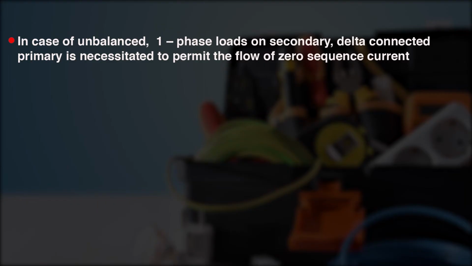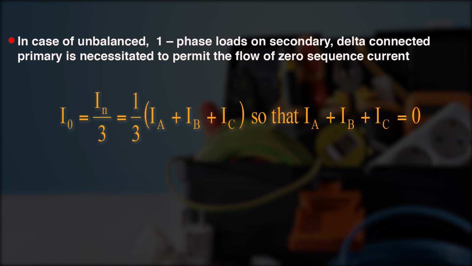A delta connected primary is necessary for a star connected secondary feeding mixed 3-phase and single phase loads. In case of unbalanced single phase loads on secondary, delta connected primary is necessitated to permit the flow of zero sequence current. So this zero sequence current can be written as I0 is equal to In upon 3, which is equal to 1 upon 3 multiplied by summation of Ia plus Ib plus Ic.